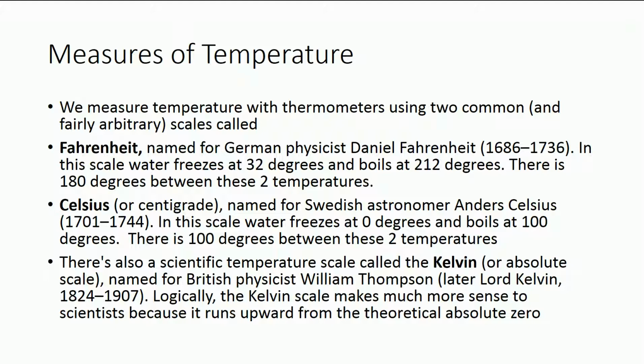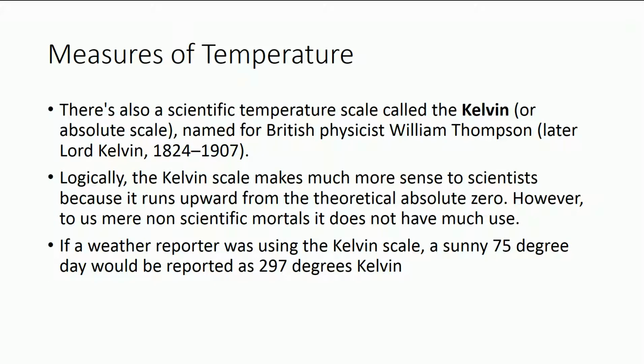So there's also another scale called Kelvin. We're not physicists, so we're not going to worry about Kelvin. Logically, the Kelvin scale makes a lot of sense to physicists because it runs upward from absolute 0.